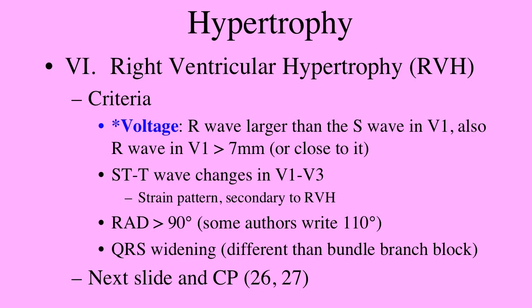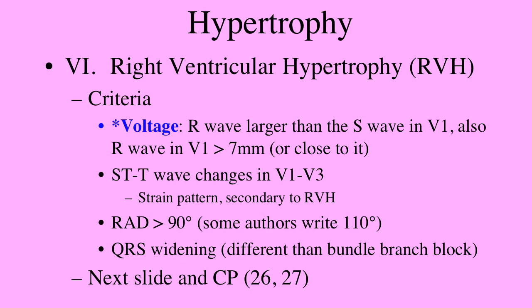If the R wave gets bigger in V1, then you can start to make a diagnosis of different things, like we were talking earlier in the course about posterior wall infarct, and another diagnosis is RVH. And so in this case, that R wave, larger than the S wave in V1, is usually greater than 7 millimeters.